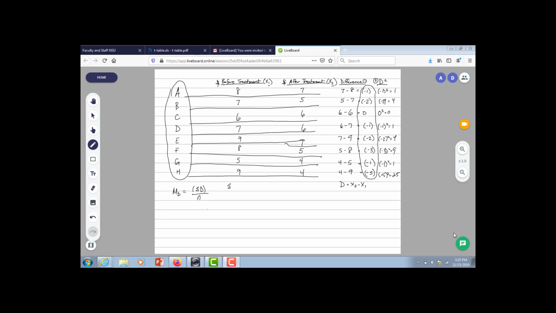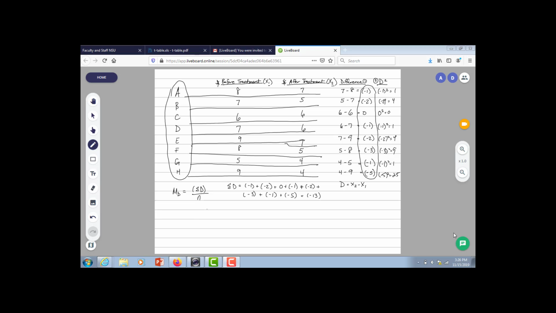So we add -1 plus -2 plus 0 plus -1 plus -2 plus -3 plus -1 plus -5. When we add all those up, we end up with negative 13.